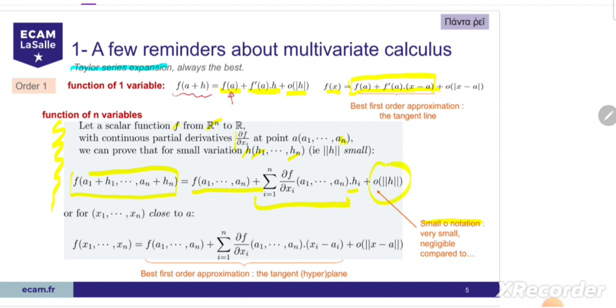Plus a small o of the norm of h, which means it's something very small compared to the norm of h. And again, this is the best first order approximation of your function. If you have two variables, that would be the tangent plane to your surface in R3, but we have the extension of this idea. We can call that the tangent hyperplane.